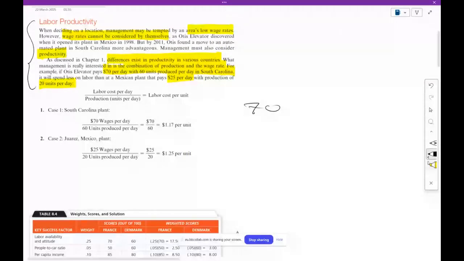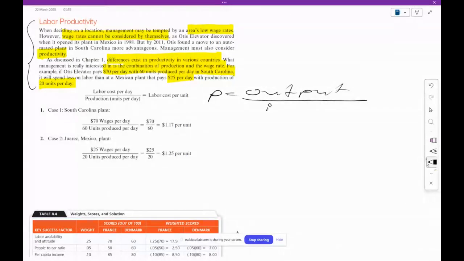Okay, this productivity looks slightly different from what we are used to, because we are used to productivity being P equals output over input, the ratio of output and input.